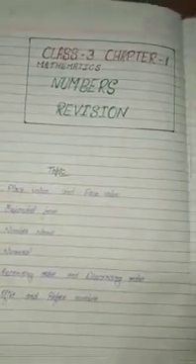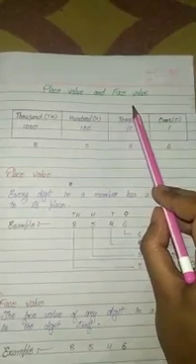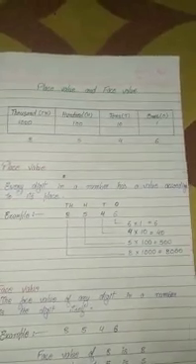Now let's learn the first topic. The first topic is place value and face value. In order to write a 4-digit number, we need 4 places. Each place has a different value.